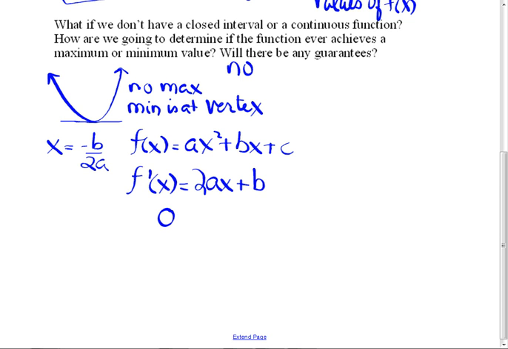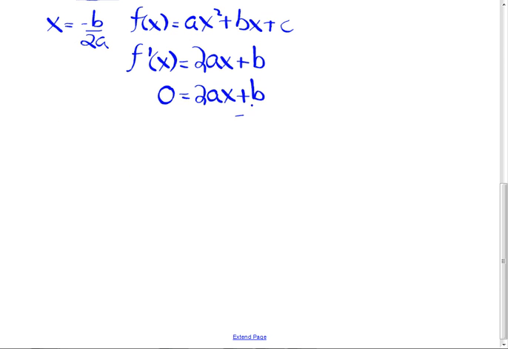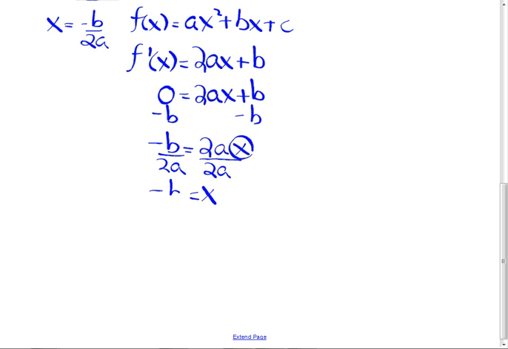And if I set that equal to 0 and I solve for x, I'll subtract b from both sides. So minus b equals 2ax, and I'll solve for x by dividing by 2a. And there's that little formula. That's where it comes from. I think that's cool.